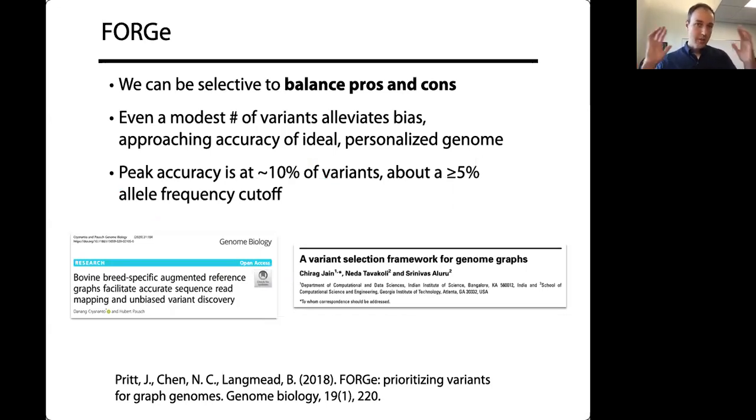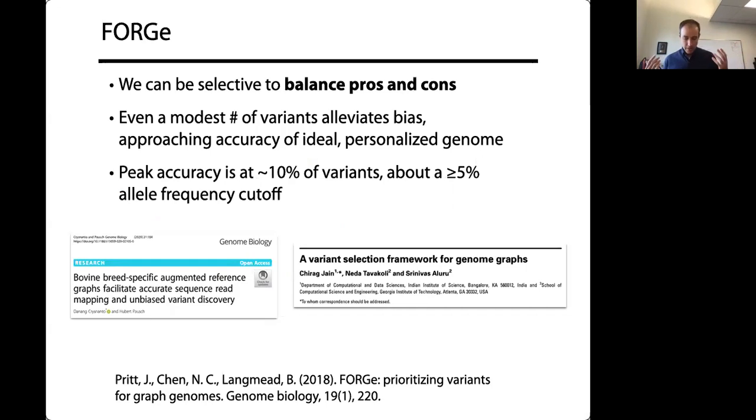Okay. So what did we learn from this set of experiments? We learned that if we are selective about what variance we include in the reference graph, we can effectively balance the pros and the cons, right? The pro of removing a penalty and the con of making the representation more ambiguous.